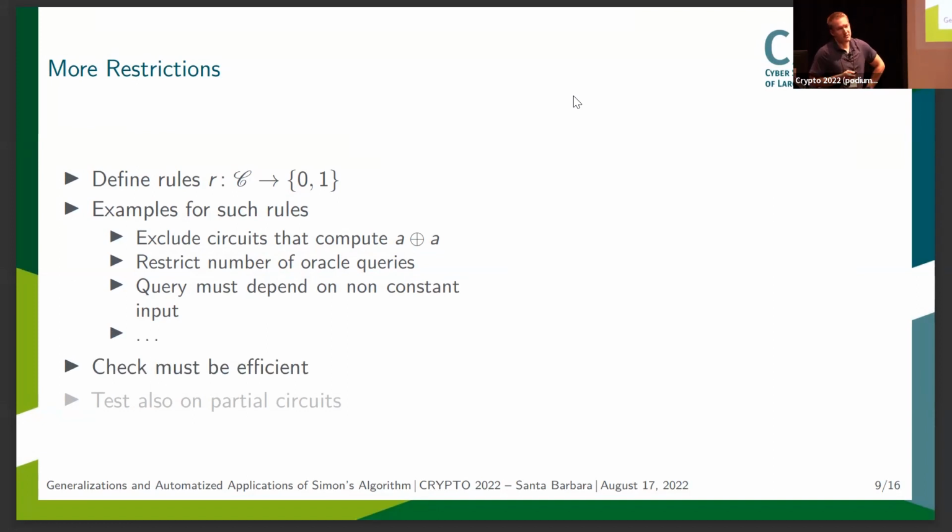And I think this is also clear, right? If you say that the rule is that the circuit that you have in the end has like a period, or should be what you want to search for, of course, you could define this in theory, but it makes no sense in practice. And the key point here is that these rules are not only checked before we do our period test, but on all intermediate steps.